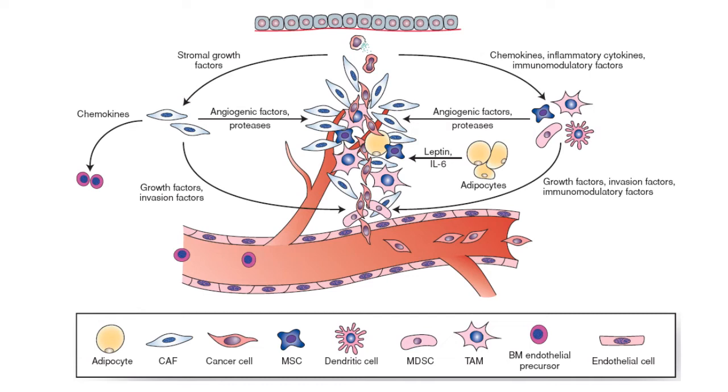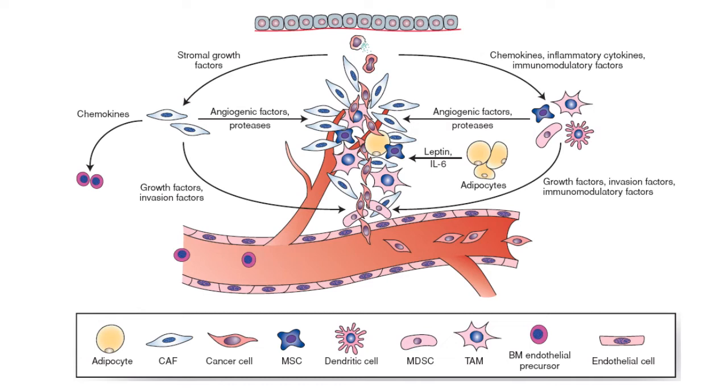The epithelial to mesenchymal transition of the malignant tumor cell will liberate some stromal growth factor and also some chemokine, inflammatory cytokine, and immunomodulatory factors. The stromal growth factor will be recruiting the fibroblasts, the cancer-associated fibroblasts, and these cancer-associated fibroblasts are involved in angiogenesis as well as protease release.